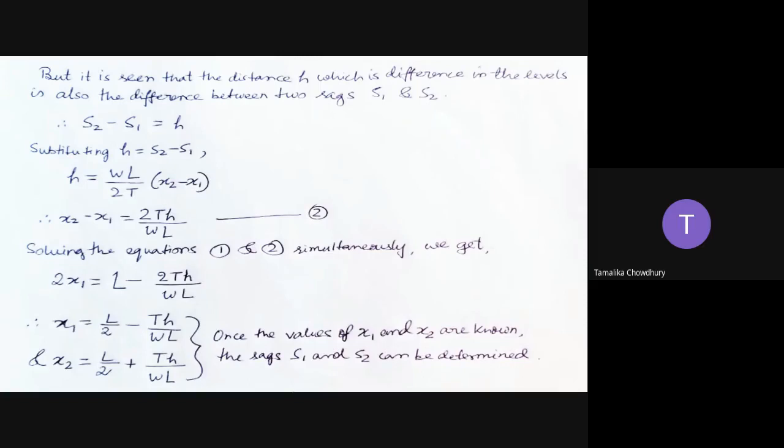So x1 equals L by 2 minus TH by WL, and x2 equals L by 2 plus TH by WL. Is it clear?